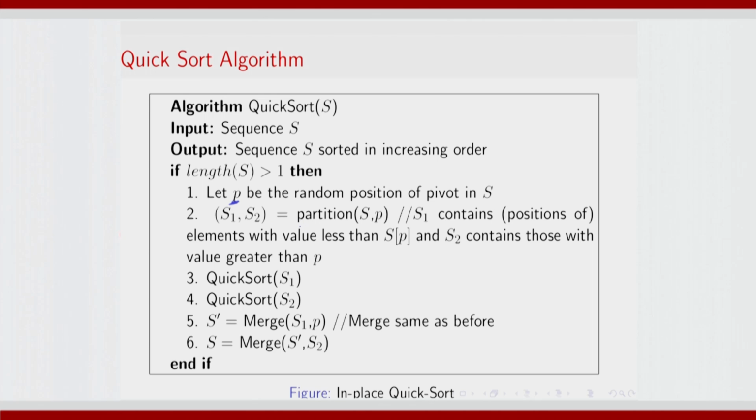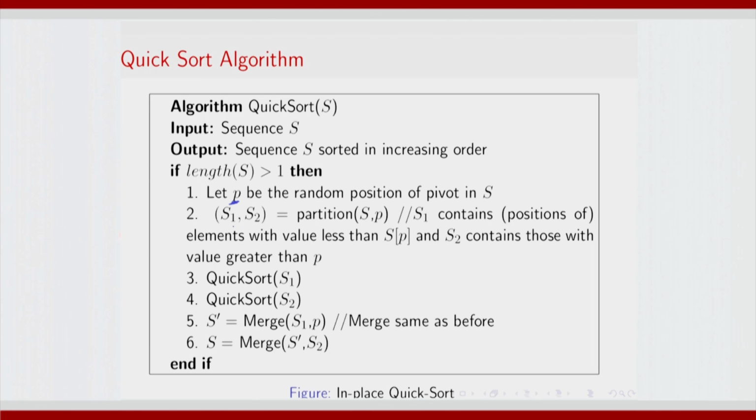However, we will discuss a very simple implementation of partition SP when P happens to be one of the extreme indices of S, and your task is to generalize that to P when it is not one of the extreme indices. So continuing, once you have identified S1 and S2, and as I pointed out, we will do this in place.